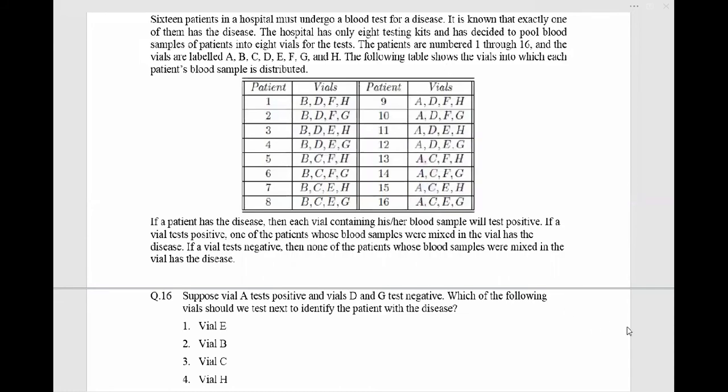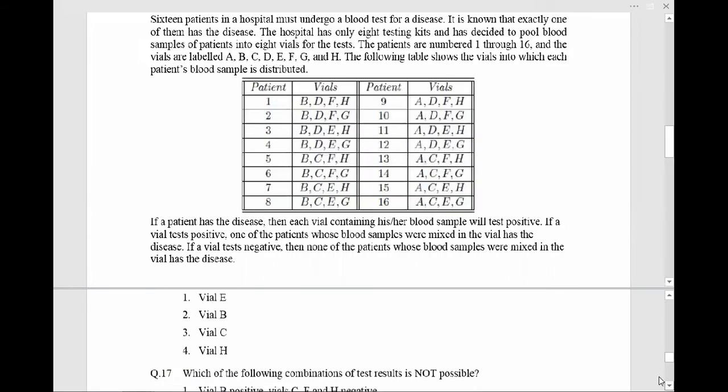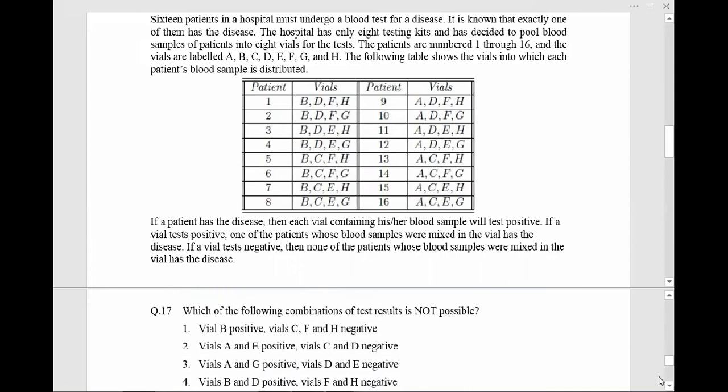Next problem. Which of the following combinations of test results is not possible? B positive, CFH negative. B positive. And solve. C negative, ruled out.